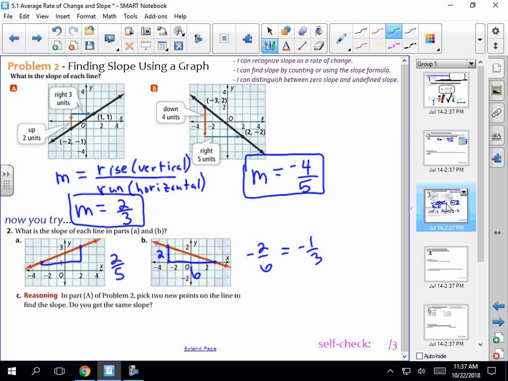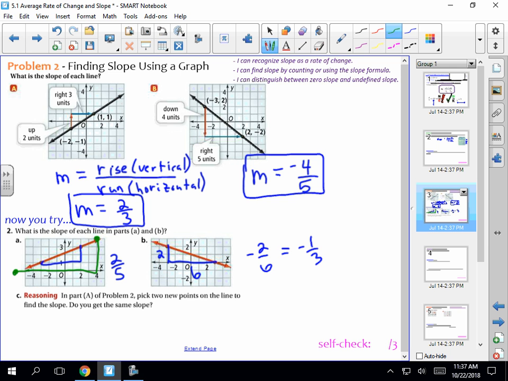It's a little tricky. Probably the best I can see here is to pick this point up here, which is 4 down, and then 10 over, all the way over here. So this is not the best one to do this with.